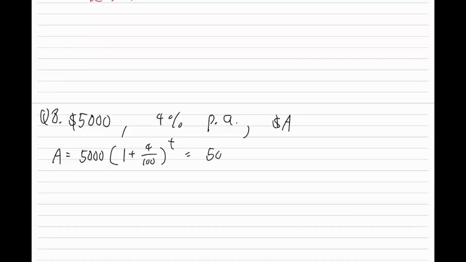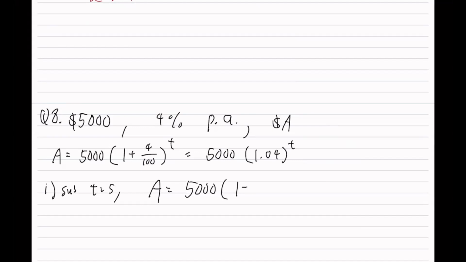They simplified it down for you as 1.04 to the power t. Then what would be the amount at the end of 5 years? Sub t equal to 5, then you get A equals 5,000 times 1.04 to the power 5. I'll leave that to you to work out.